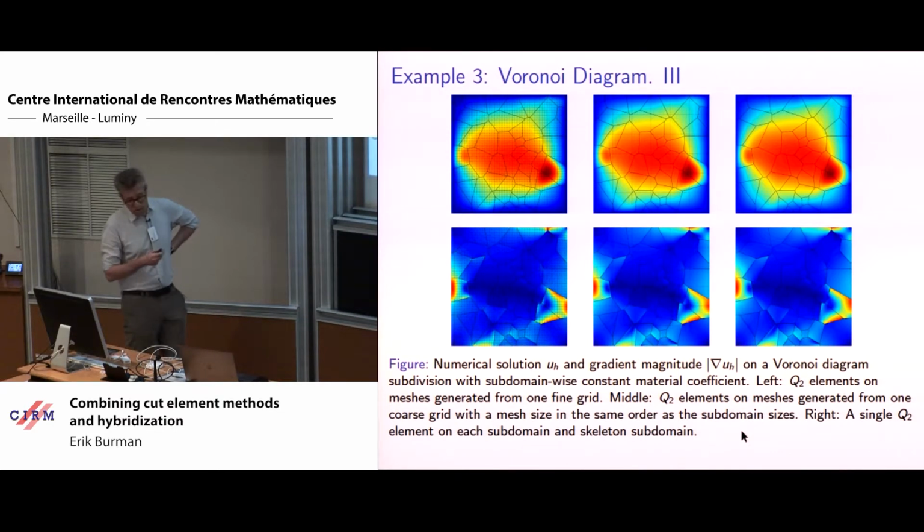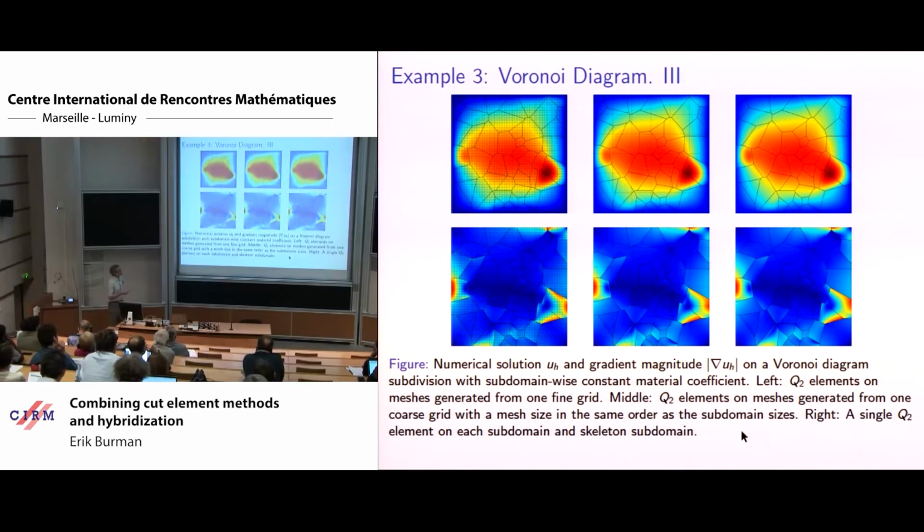So this then leads to the next part of the talk, because you could think that you could use this as a method, you could have a method on polygonal elements, and then you could have interfaces on the level set variant that cuts through here.